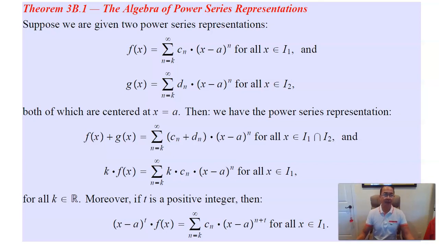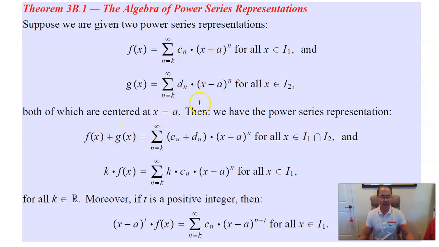So the other two algebraic manipulations that we will perform involve adding two representations and multiplying one representation by a real number. Suppose you have two representations and they must have the same center, x equals a, because otherwise it'll be almost impossible to add these two infinite series together. If they do have the same center, then you can simply add on the left side f of x and g of x.